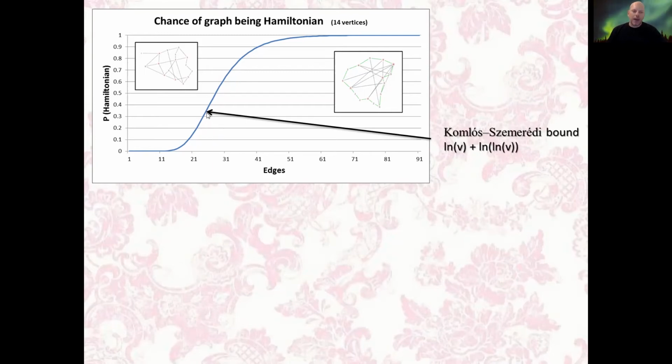So this Komlós-Szemerédi bound, this inflection point, which you can see as the pivotal point of the probability graph, is a logarithmic metric, right? And the number of edges is a quadratic metric. So as graphs get bigger, this inflection point gets moved more to the left in some way.